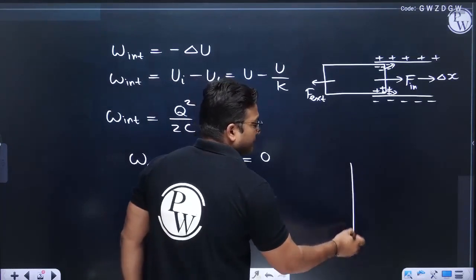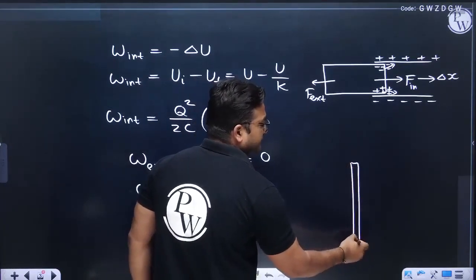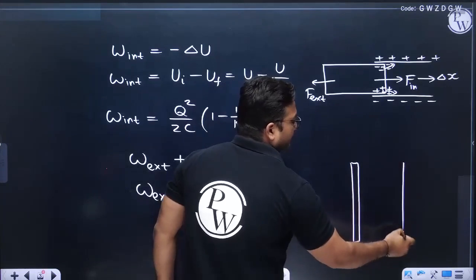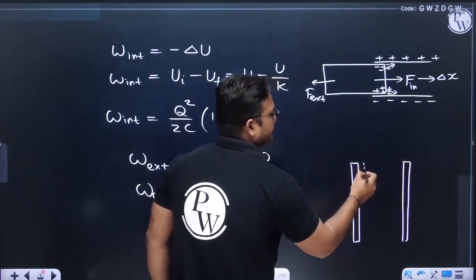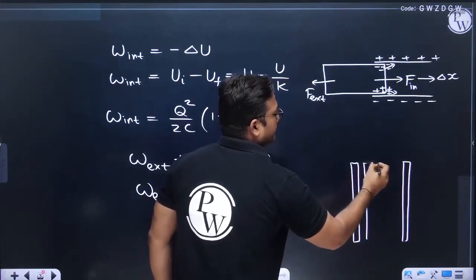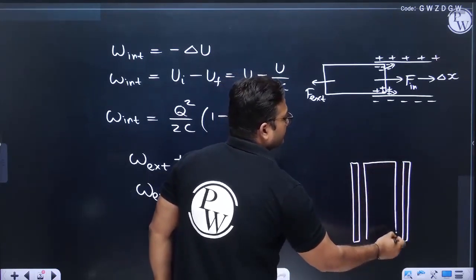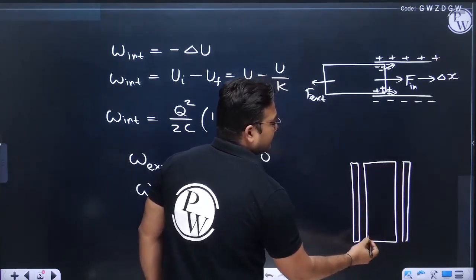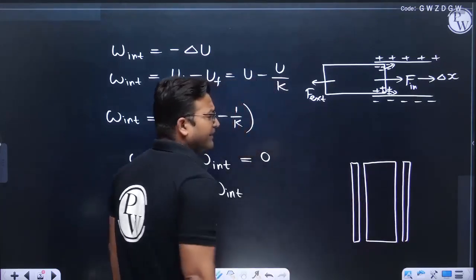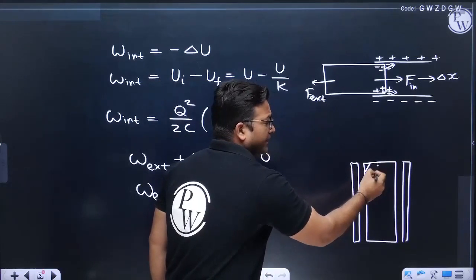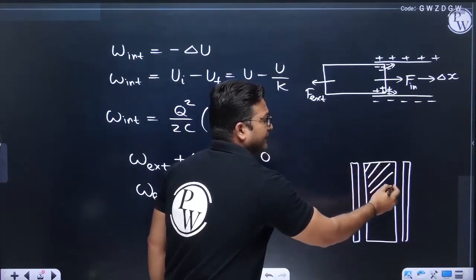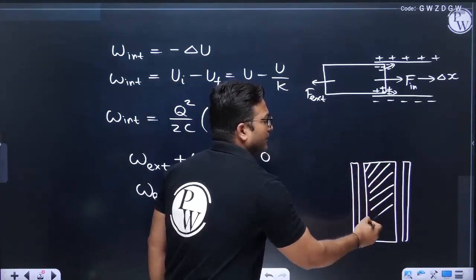When the slab completely enters the volume between plates like this, please ignore this air gap. This air gap between plates and dielectric is actually very small.